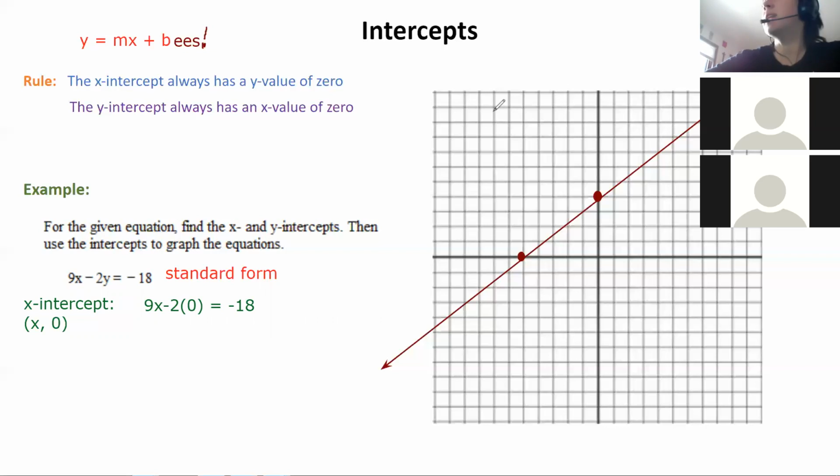So now it's just like that equation that we had for our warm-up, right? What would I do with that 2 times 0? Multiply them. Yep, multiply them.